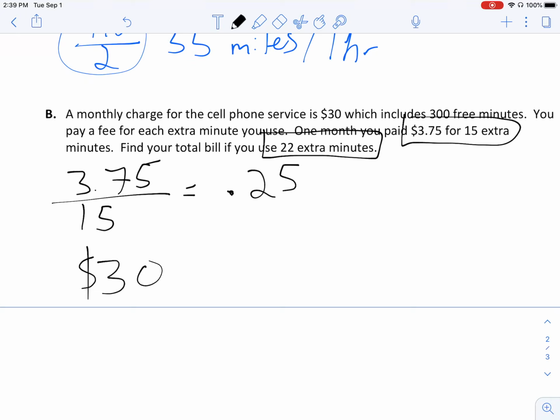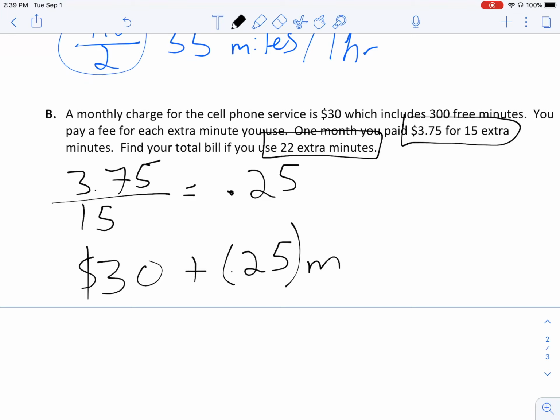In addition to that, I'm going to pay 25 cents for each minute that I go over. So 0.25 M, where M is going to represent minutes.